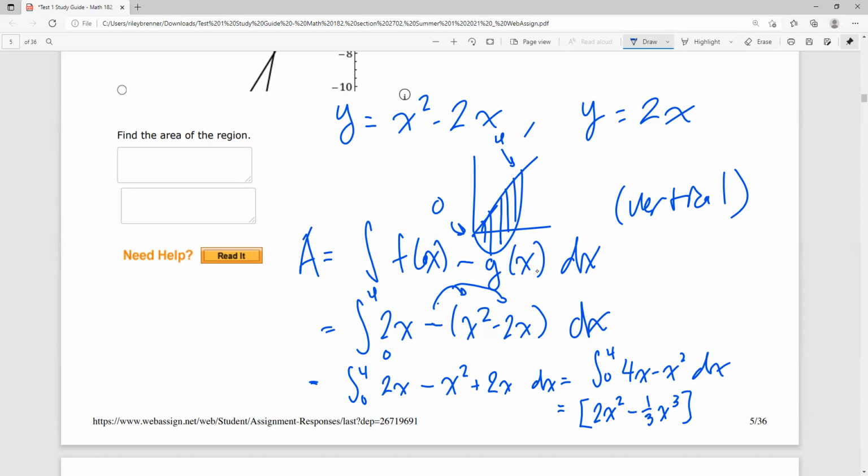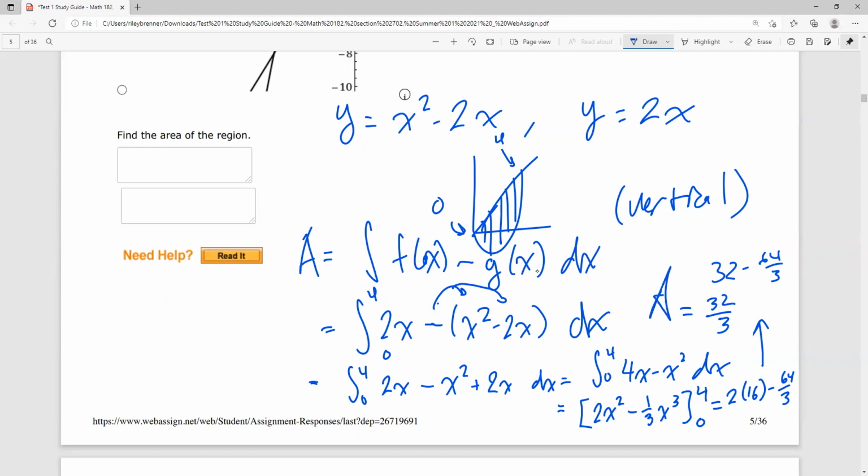And we're integrating this from 0 to 4, right? So if we go ahead and punch that in, that'll be 2 times 16 minus 64 over 3. That's not a nice number. Let's see, that's going to be 32 minus 64 over 3. That's equal to 32 over 3. Is that correct? Is that what everyone else got? All right. Looks like that's correct.